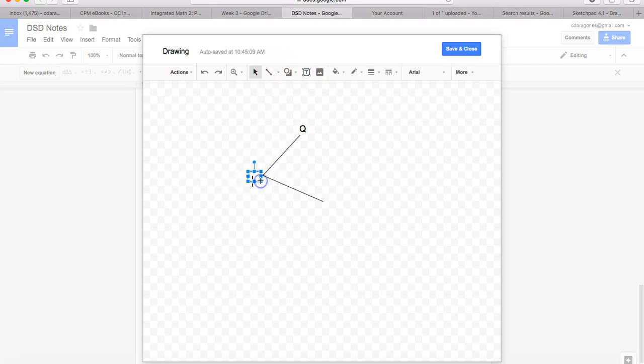Let's call it W. And there's another point right here. Let's call it T. Okay? As you can see, I have an angle that starts at Q, goes to W, and then goes to T. Alternatively, you could say it's an angle that starts at T, goes to W, and then goes to Q. The point is W is the vertex, so it's always in the middle.